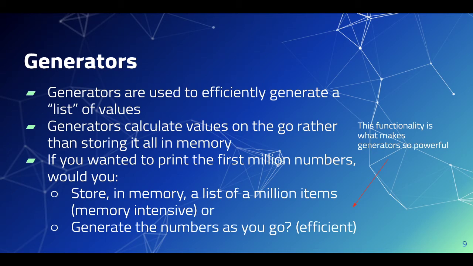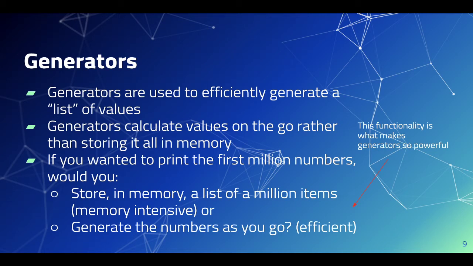So instead of doing that, generators calculate values based on a set principle, a set algorithm, on the go. So every single time you need a new value, a generator will generate that value instead of having to keep all the possible values in mind or in memory.